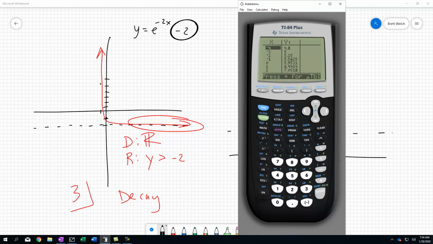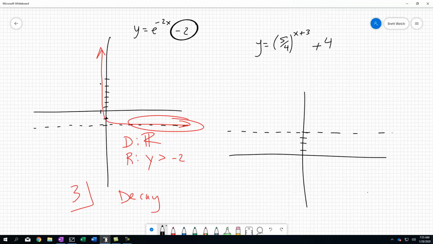But I see negative 3 gives me 5. Negative 1 is 5.5. These are not going to be perfect numbers. So negative 3, 5, negative 1, 5.5. So negative 3 should be at 5, right around there.